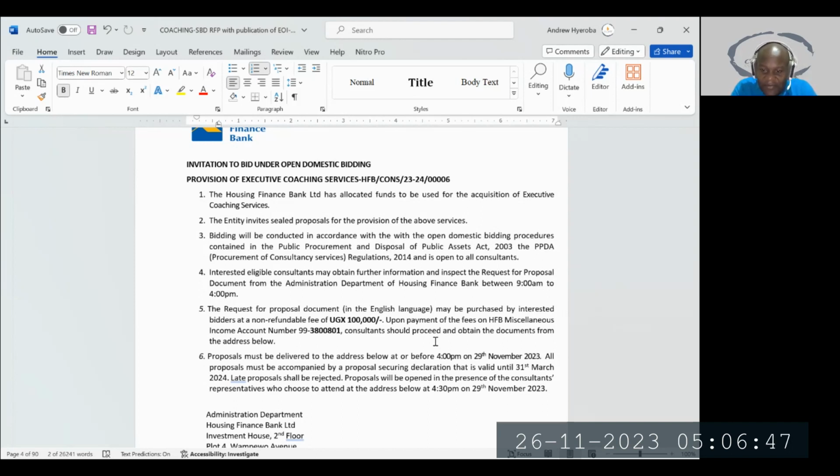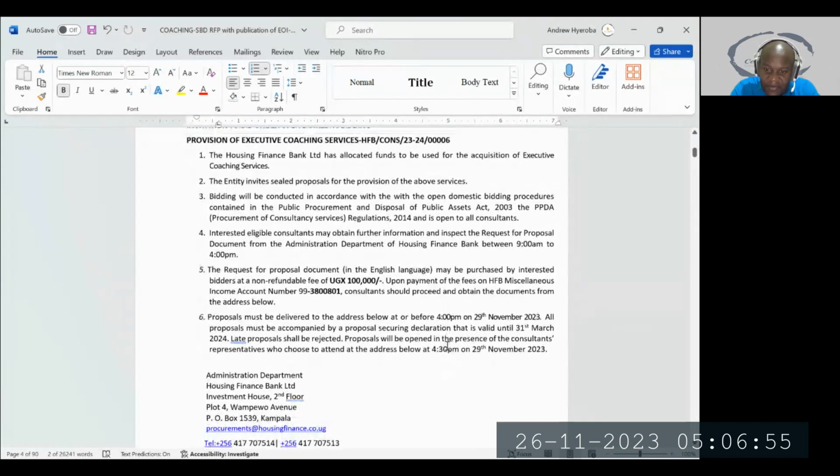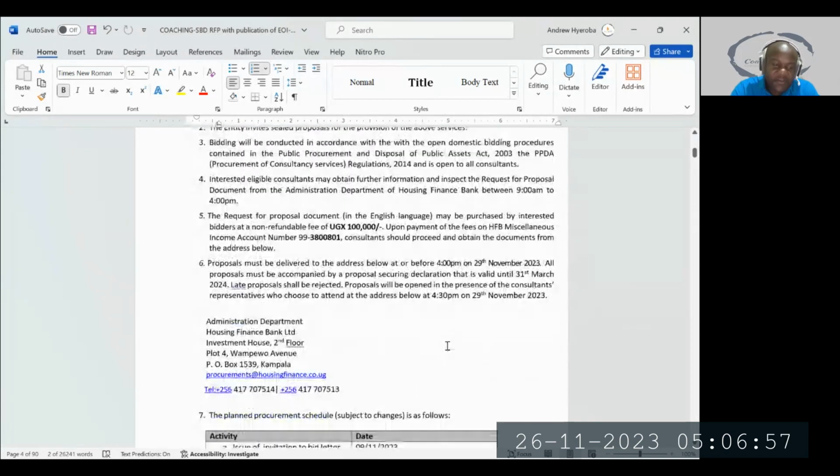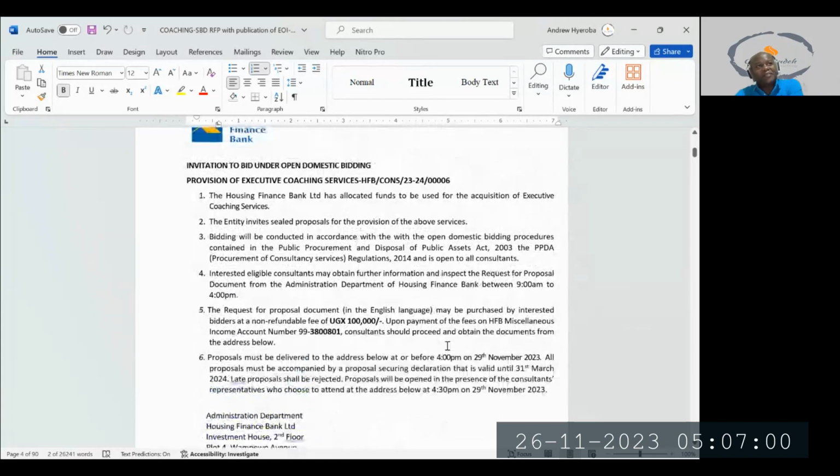Proposals will be opened in the presence of consultants' representatives who choose to attend at the address below at 4:30 p.m. on 29th November. So when you submit a bid, it's a public procurement. They'll register you and ask if you want to sit and wait and see who has submitted.